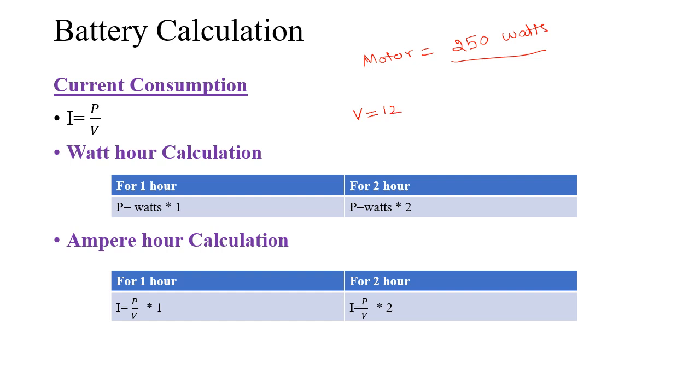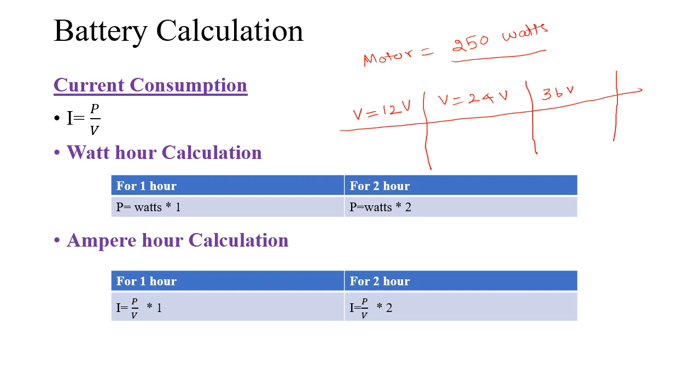In the market we can get a 12 volt battery, then a 24 volt battery, then a 36 volt battery, and it goes on. A 48 volt battery is also available, but for this small size motor, we can choose these three cases.